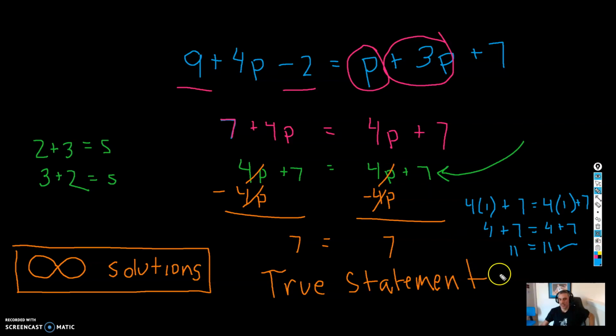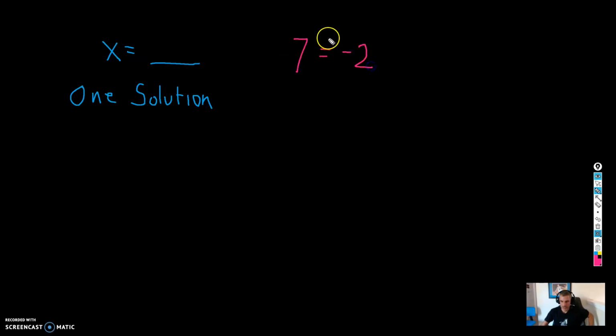Okay, so let me kind of try and synthesize this here in the closing minutes. I got 3 minutes left. All right, if you end up with x equals some number, right? This is one solution. If you end up with a false statement, so I'll say 7 equals -2, right?